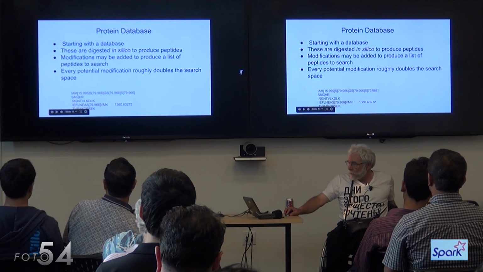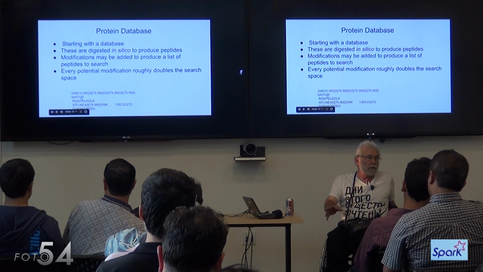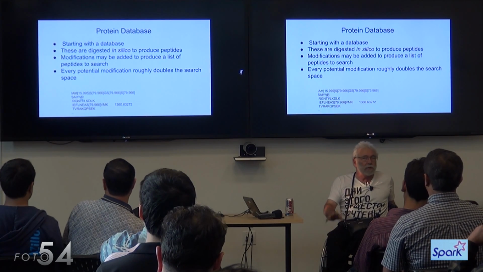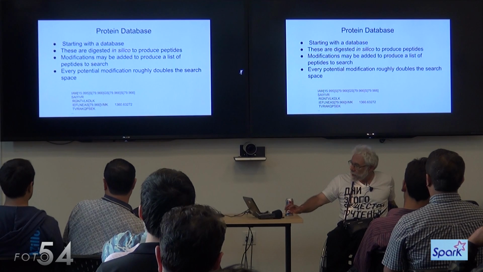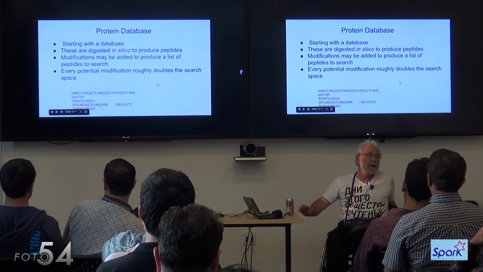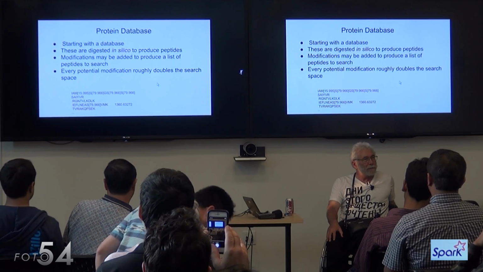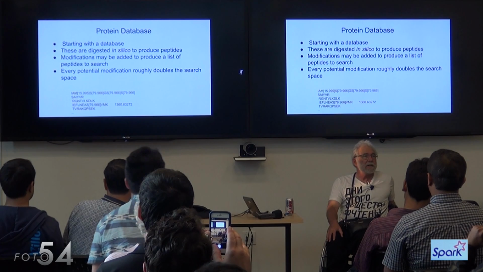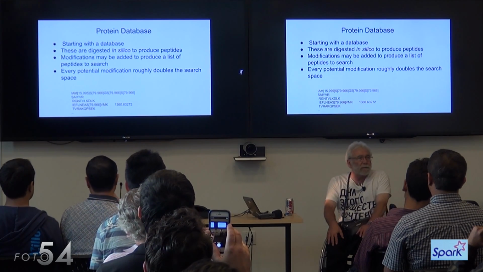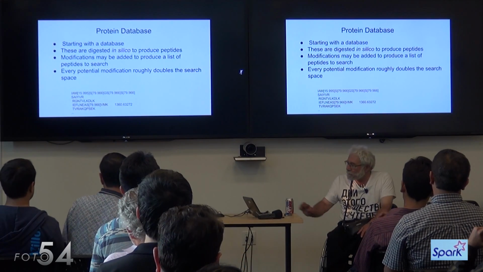So this right here represents a methionine with a hydroxyl group which has a mass of almost 16 Daltons added onto it. These are serines with various modifications added, and modifications increase your search space a lot. Typically, people will ask for somewhere between 4 and 8 modifications, and that number is probably going up.